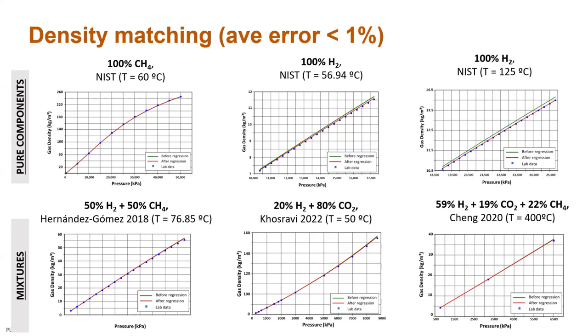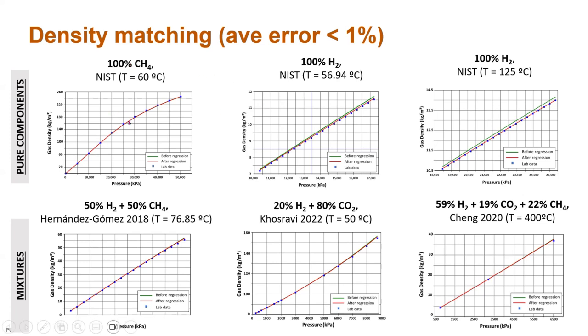If you want to simulate a gas rich in methane and you want to inject hydrogen in this reservoir to store hydrogen, you need to be predictive for methane and for hydrogen using the same equation.